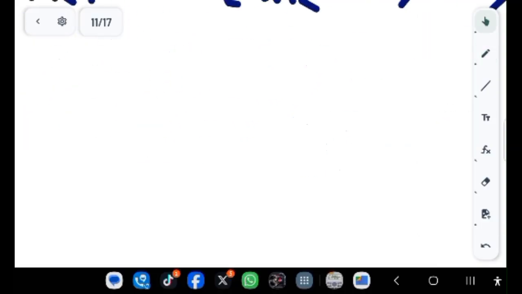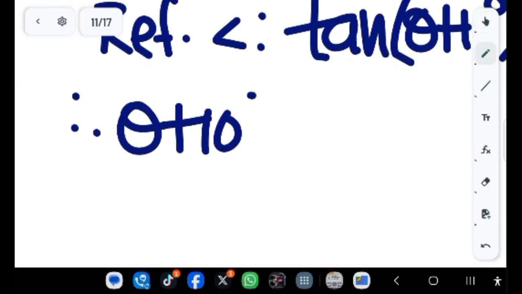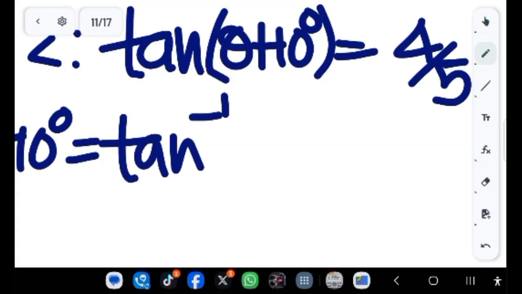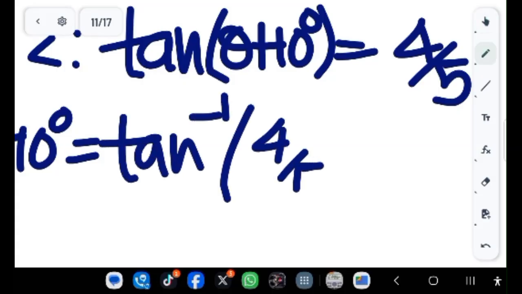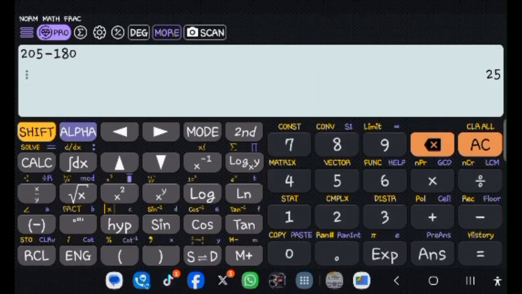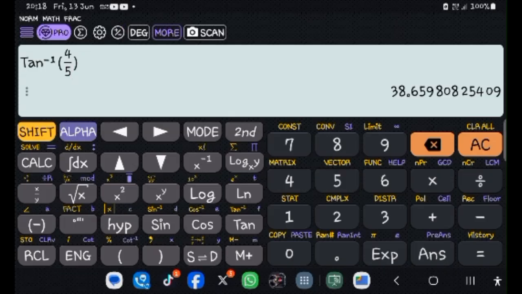Therefore, theta plus 10 degrees equals sin to the minus 1 of 4 over 5. That's the reference angle. We're going to round off correct to 2 decimals. Let's take a calculator. So that is shift sin, common fraction button, 4 over 5. And that gives us 38.66.